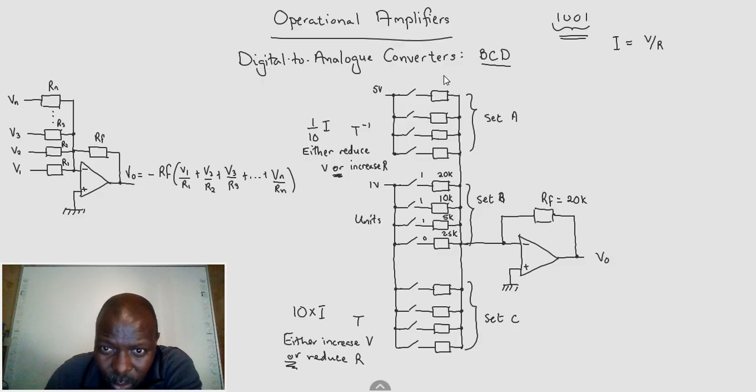The other method is where we keep our resistors the same. 20k, 10k, 5k, 2.5k, 20k, 10k. You can use other values. This is my example. 5k and 2.5k.